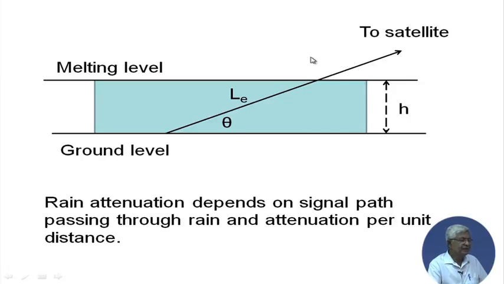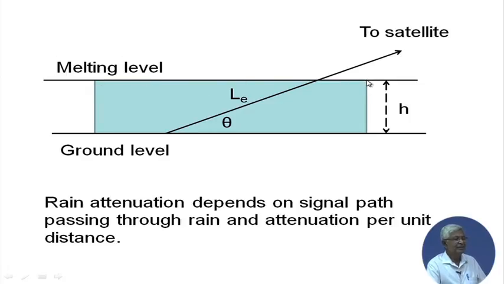If water vapor, that is cloud, is present and there is a formation of water droplets, at higher height that will be forming ice, and that ice will start to melt where the 0 degree occurs. That is called the melting level.